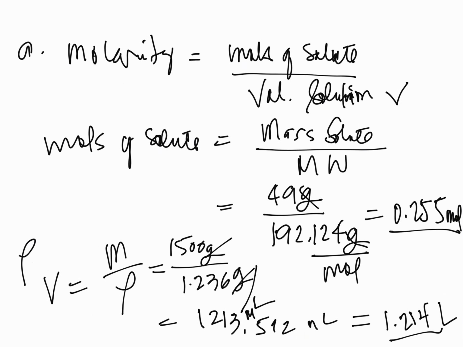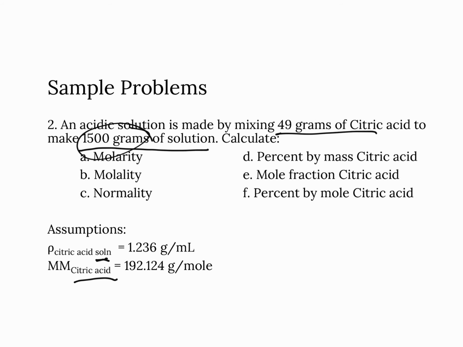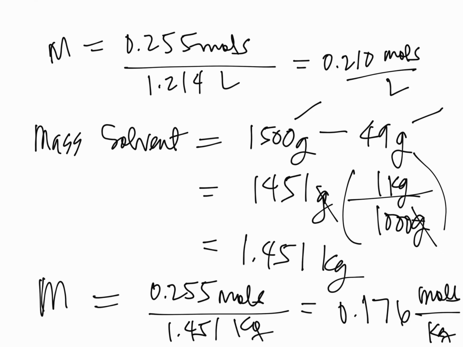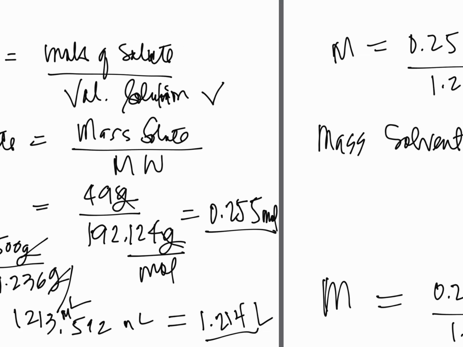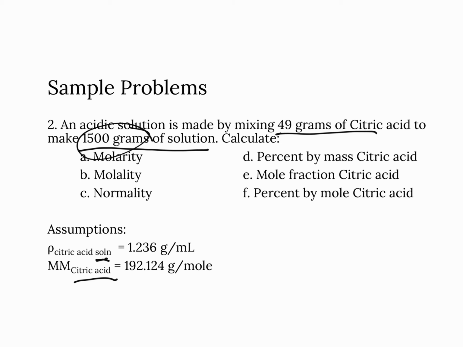Now, the next thing that you're going to get is normality. For normality, you need to get the equivalent weight.